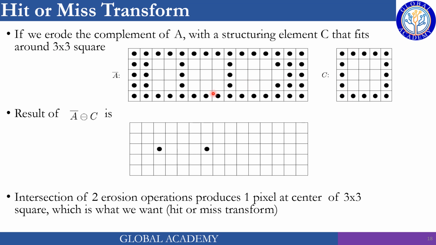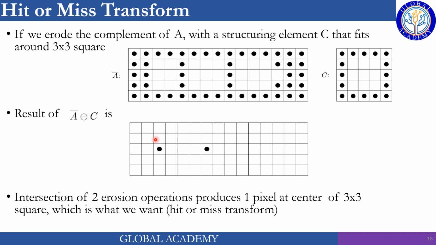It's perfectly the complement of A, the original image, but the structuring element is like the external boundary of the original structuring element. So our original structuring element can fit within this. So the result of the complement of A eroded with C is like this one.